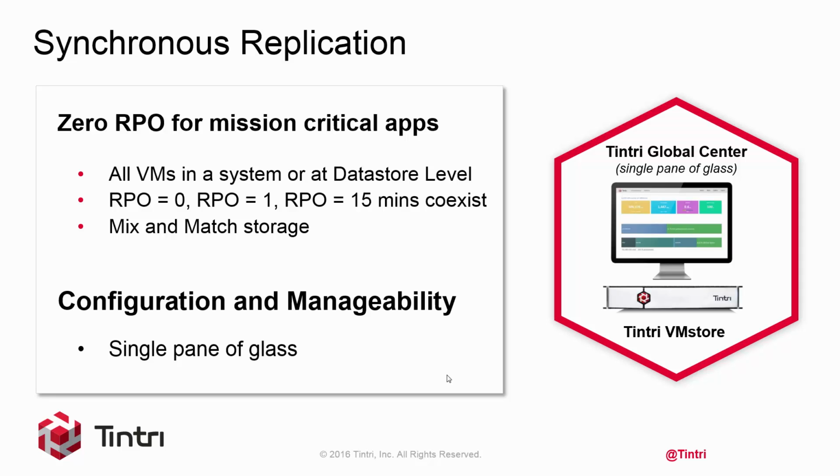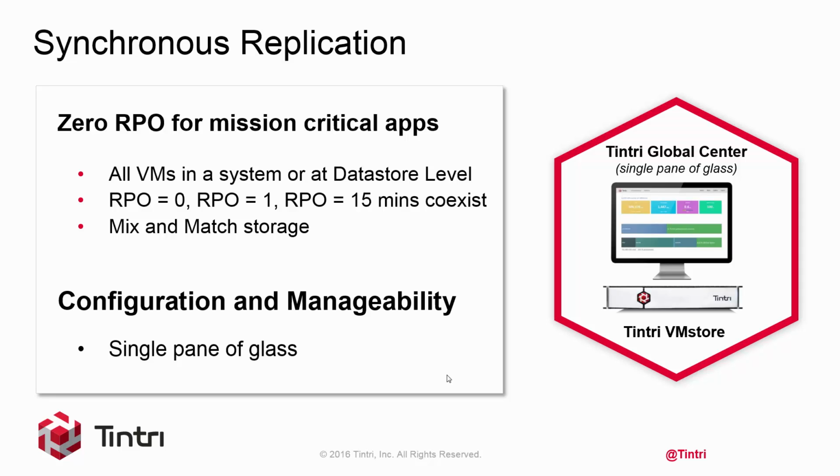We have other solutions that will give you a recovery point objective of 1, 15. The point we're trying to make is that they can all coexist on the same Tintri VM store. The other thing that's neat about this is that we can mix and match storage. So what that means is that this can work with a T5000 all-flash series Tintri VM store and a T800 series hybrid flash Tintri VM store.